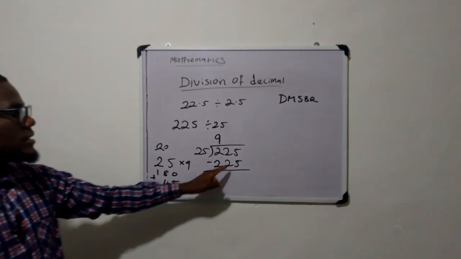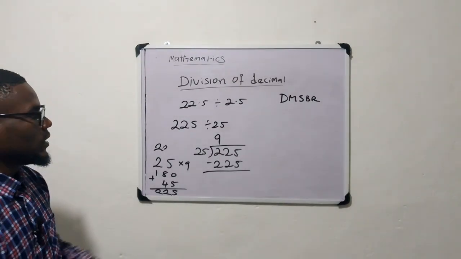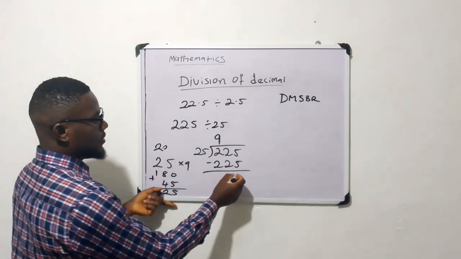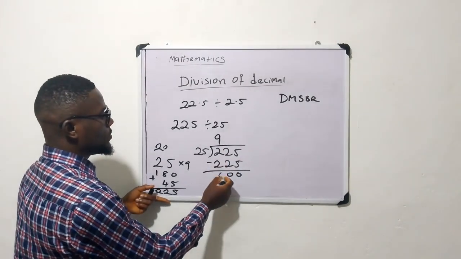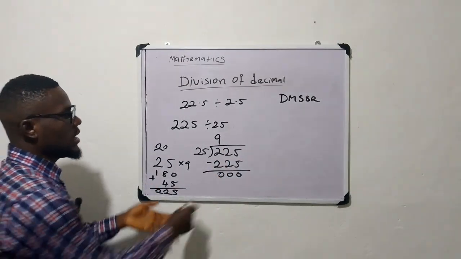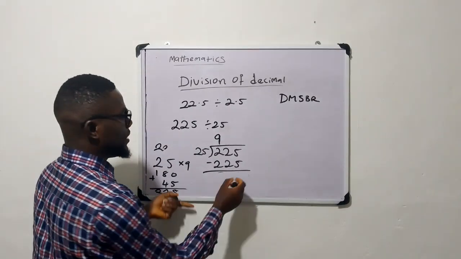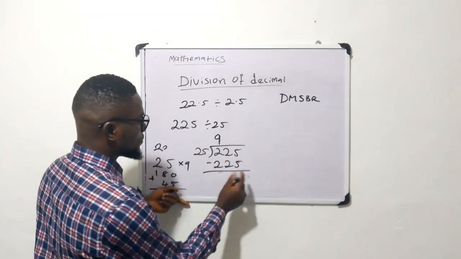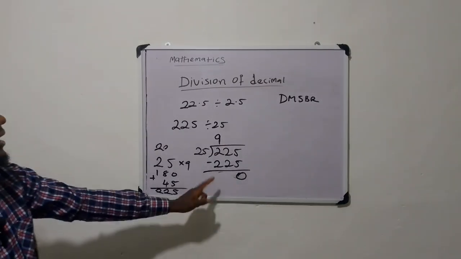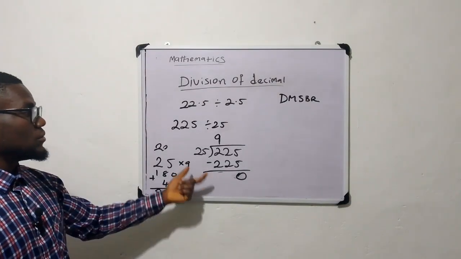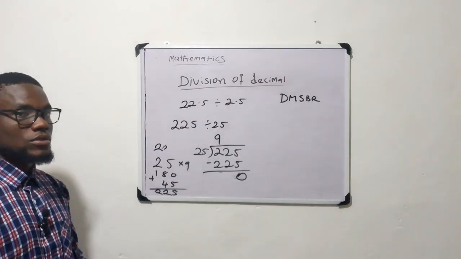Let's take it separately. When you subtract 5 from 5, you have 0. When you subtract 2 from 2, you have 0. So at the end you just have 0 left. Now this is the final answer. These are the steps we follow to solve this kind of question.